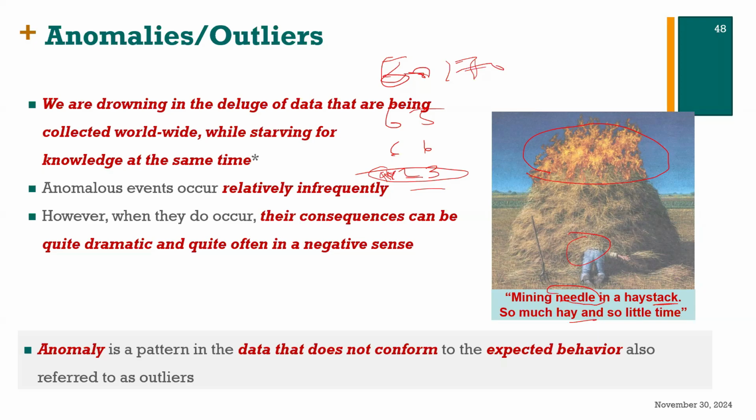So we say that we are drowning in a deluge of data being collected worldwide while starving for knowledge at the same time. The data is huge everywhere, but knowledge is scarce, because in the hierarchy of intelligence, we have data, we have information, and then we have knowledge.